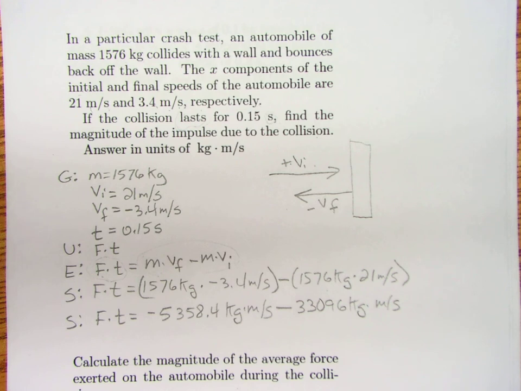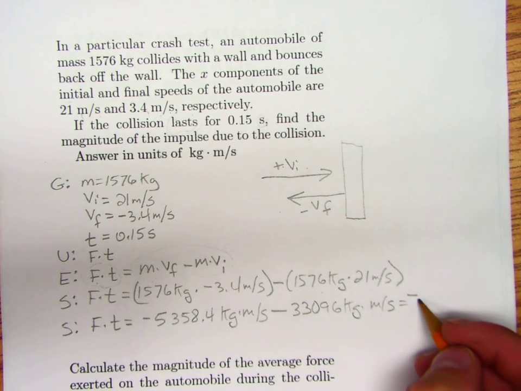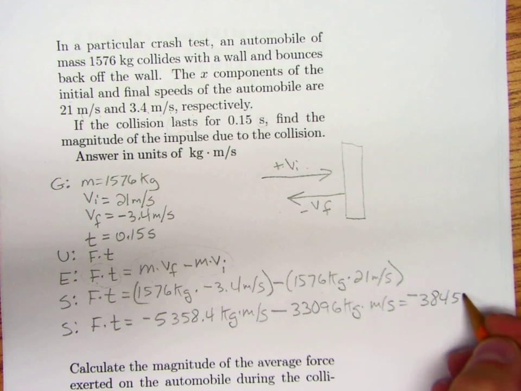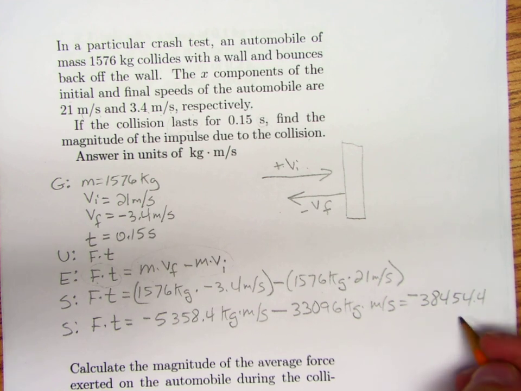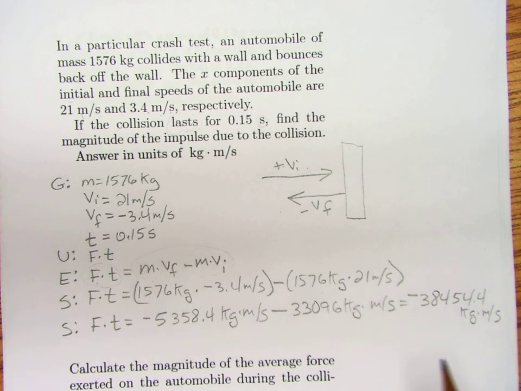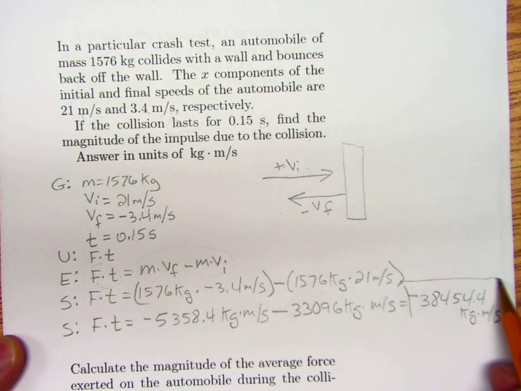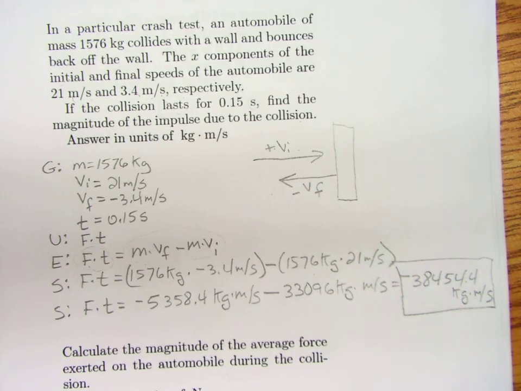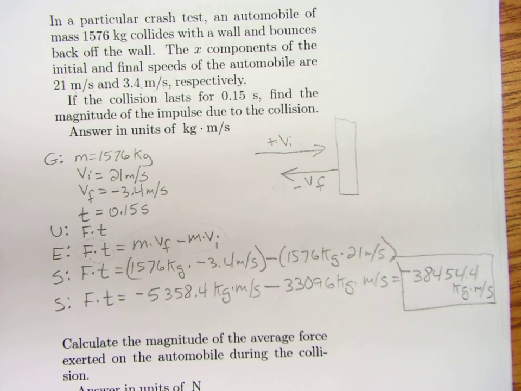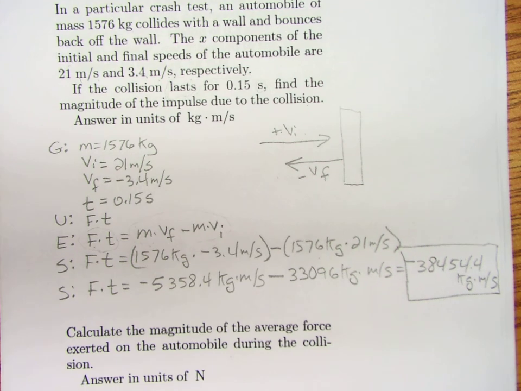So if we subtract that, we end up with negative 38,454.4 kilogram meters per second. So this is our answer. Of course, the units are written down on the side because I ran out of room. I write big. And so that is our impulse.